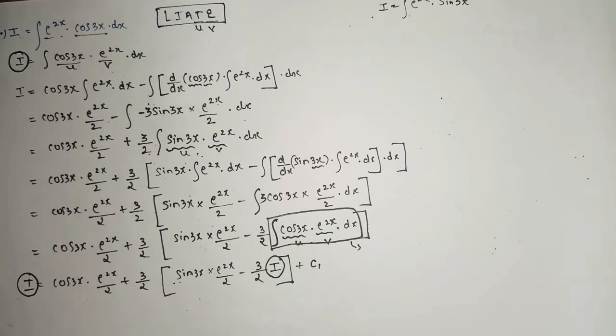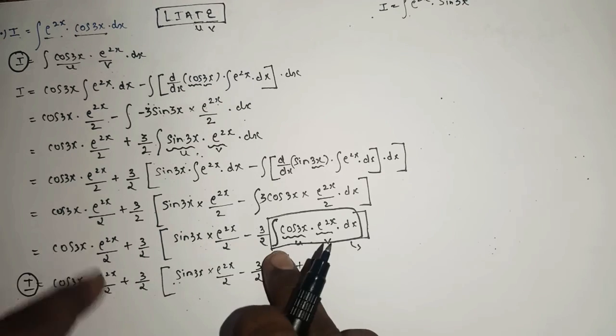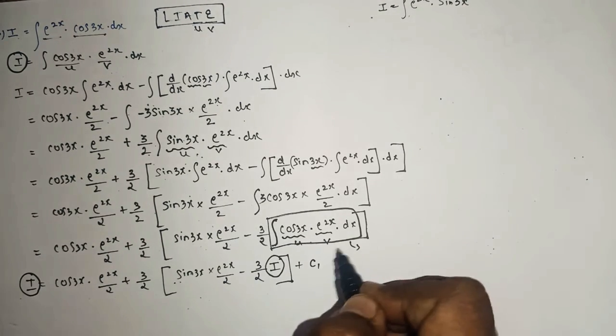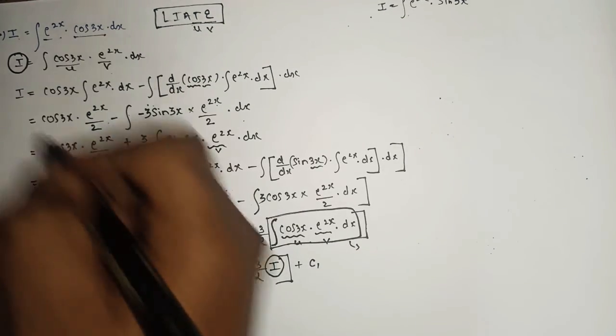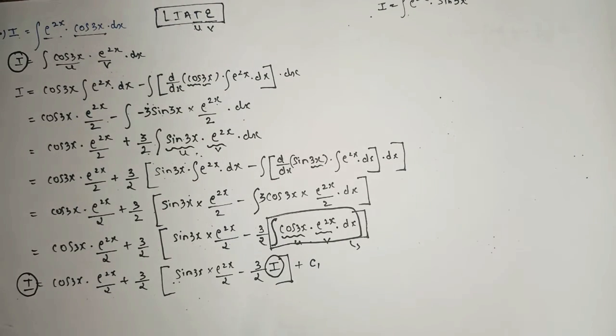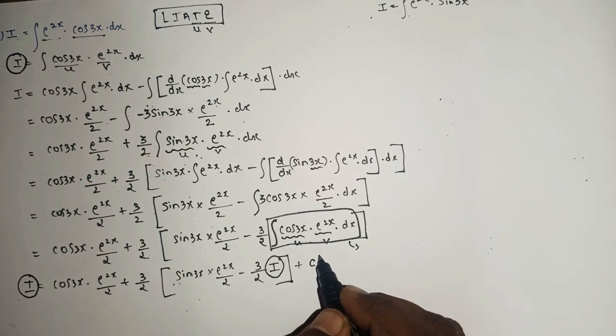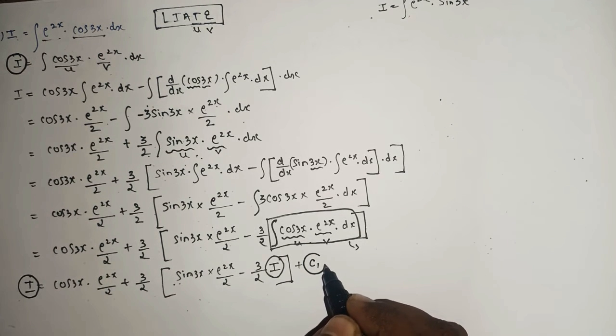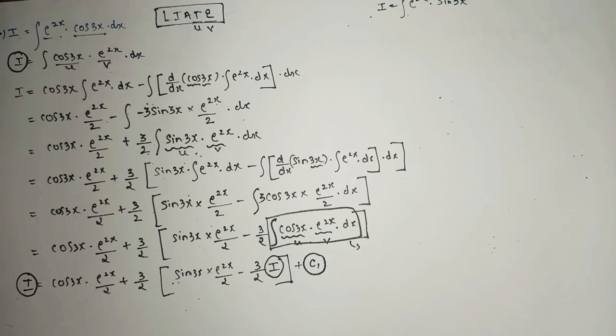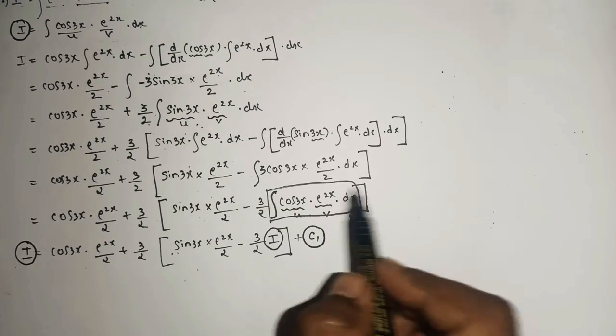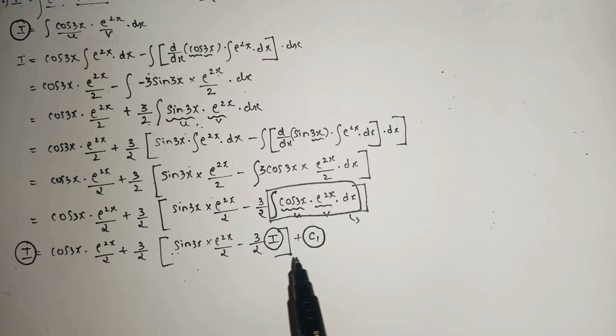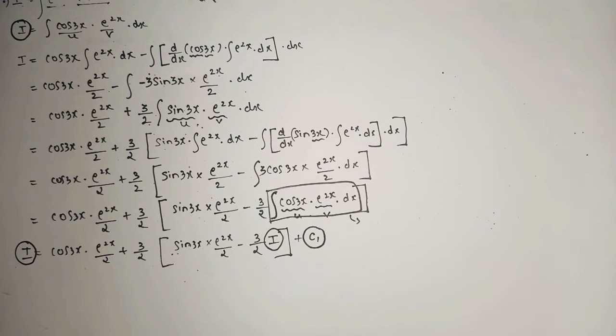The integration part was removed, as I replaced this part by I. Whenever you replace this part as I, don't write c directly, because we have to bring this I to the left hand side, and then solve the basic algebra, cross multiply all that. So till then I will write c1 only.